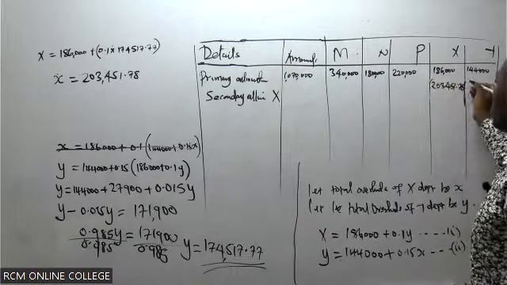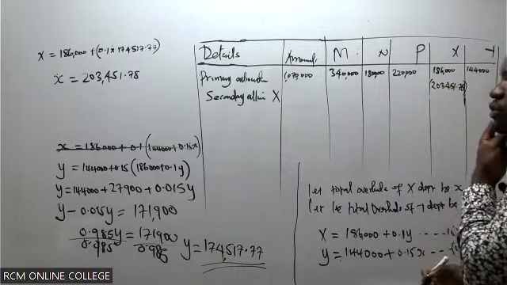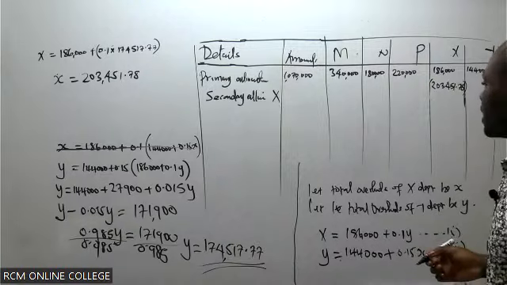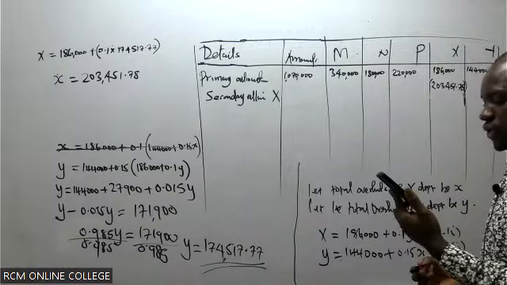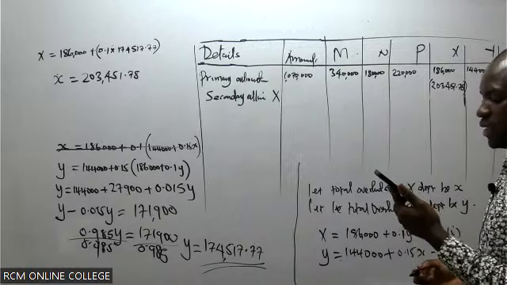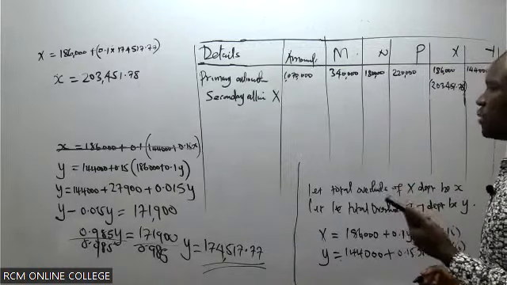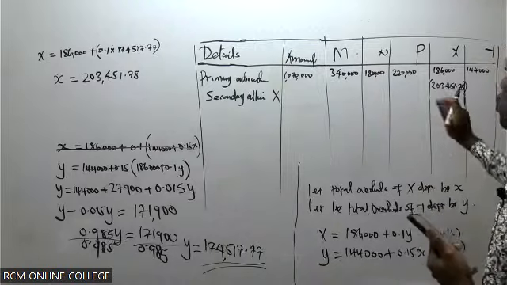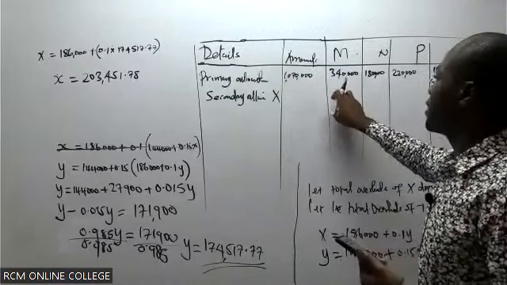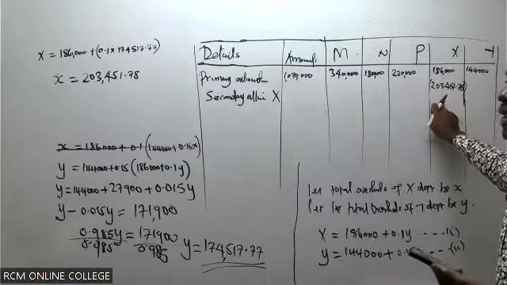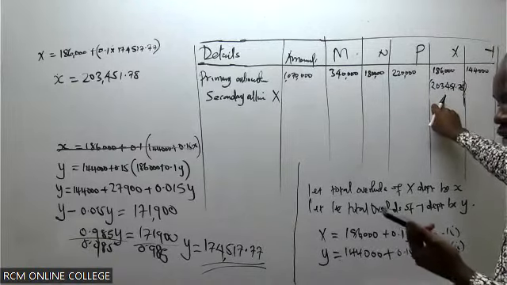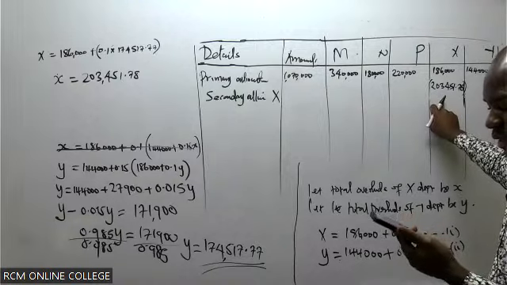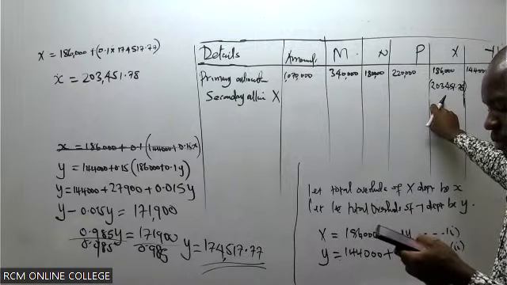If you're going to distribute this, you distribute it based on the percentages that are given there. If X is giving out its total cost, what percentage is it giving to M? 20%. So someone should go ahead and give us 20% of this figure.